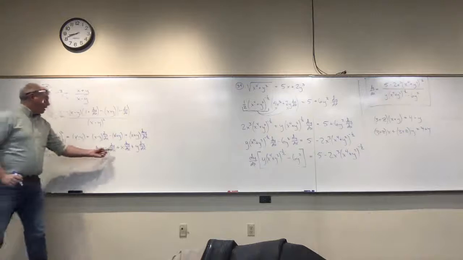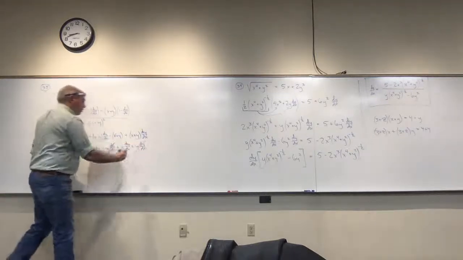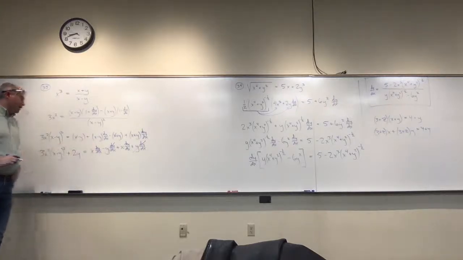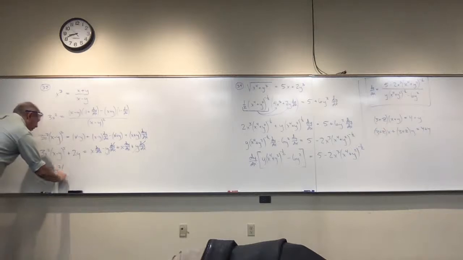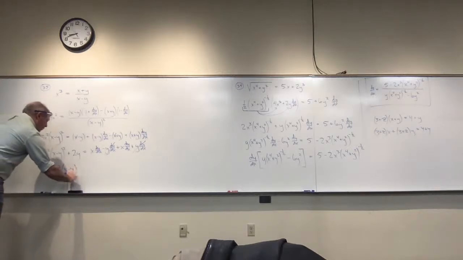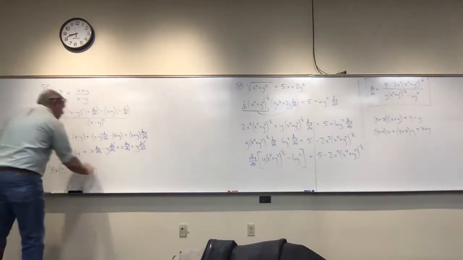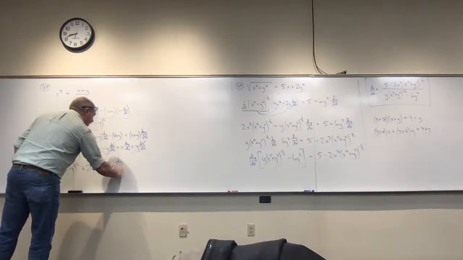The y and the negative y dy/dx cancel, so I'm just left on this side with 2x dy/dx. Okay, so let me rewrite this one more time. I have 3x squared times x minus y, quantity squared, plus 2y is equal to 2x dy/dx.